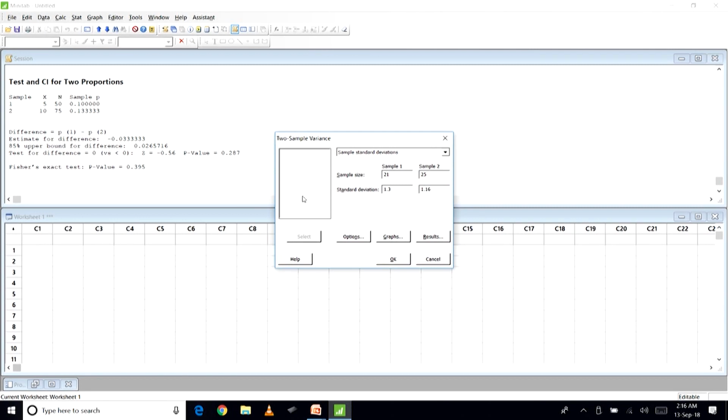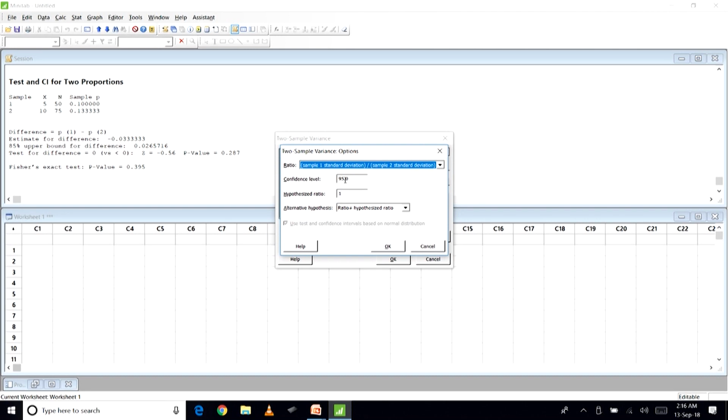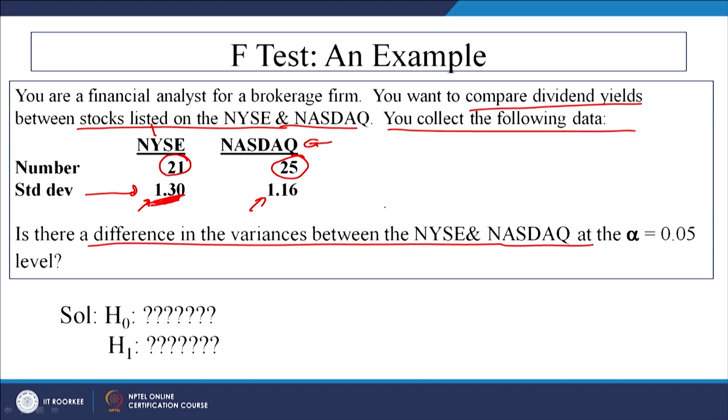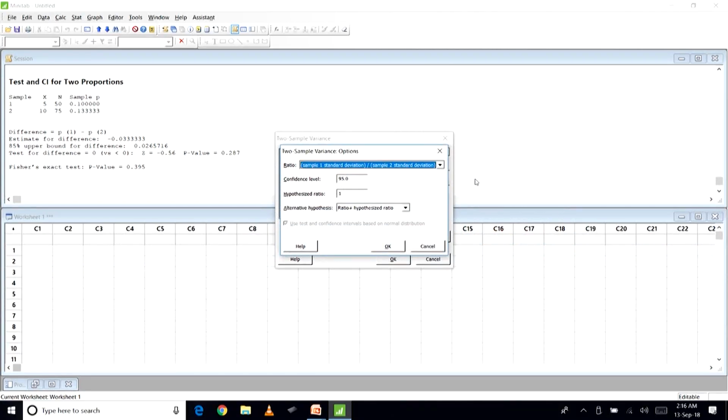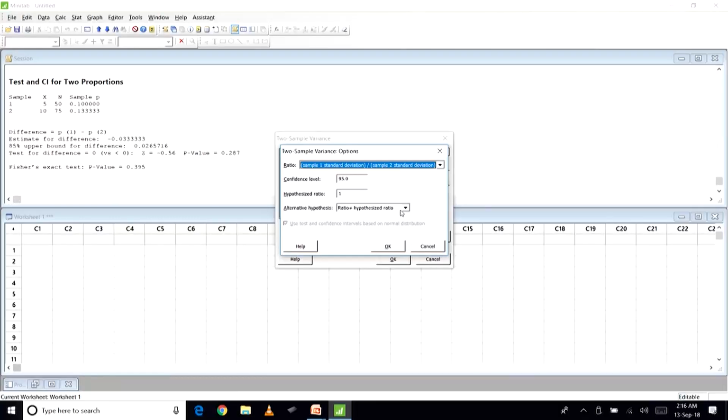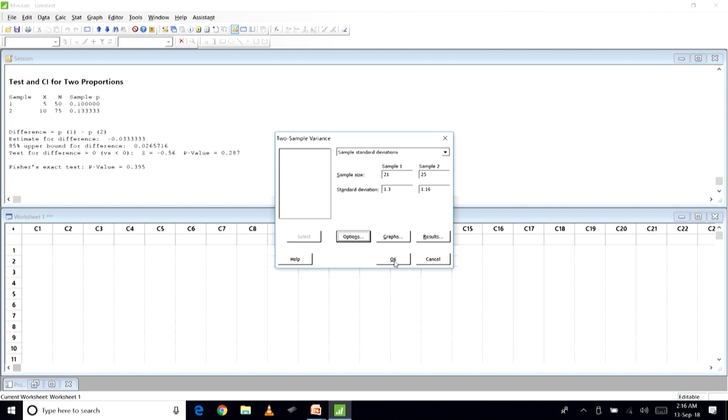We go to Options. At what confidence level do we have to test? At the 95% level. So it is 95, and the hypothesized ratio is 1. We want this to be 1. If this ratio is 1, it means we will not reject the null hypothesis. The alternative is that the ratio is not equal to the hypothesized ratio.